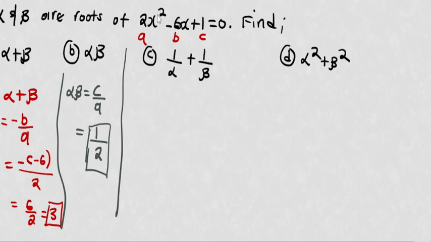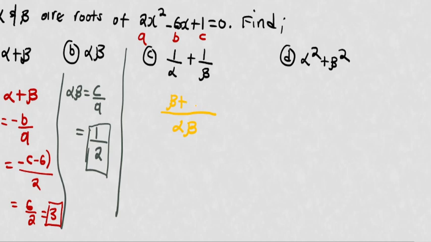Okay, so we now proceed. How do we find 1 over alpha plus 1 over beta? First thing, we find the common denominator here. The common denominator is alpha beta. Then alpha into alpha, we remain with beta. Beta times 1, that's beta, plus beta into beta, we remain with alpha.